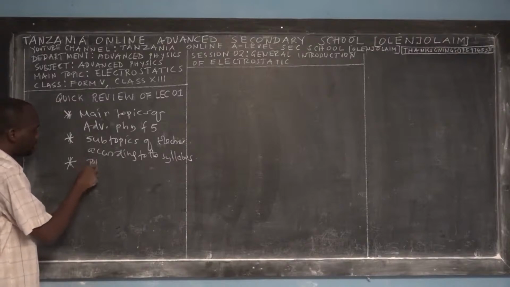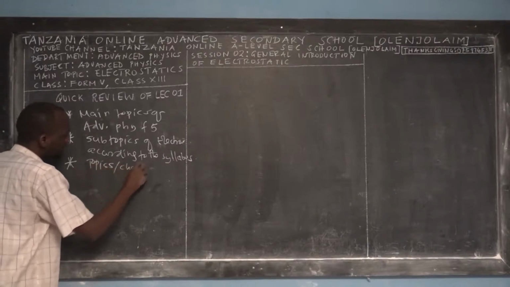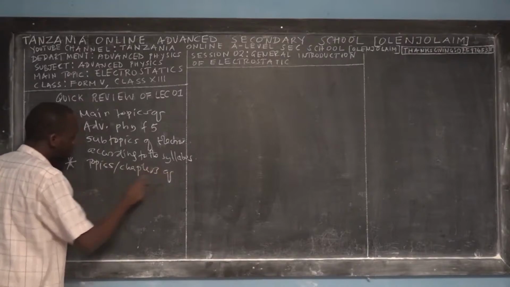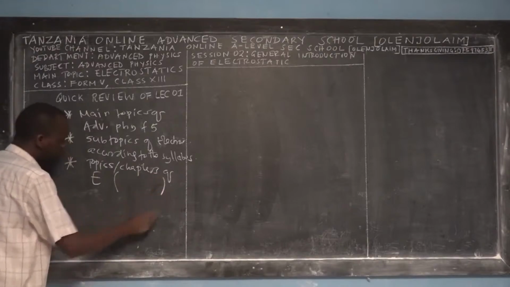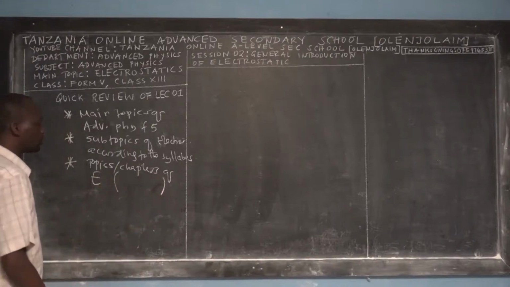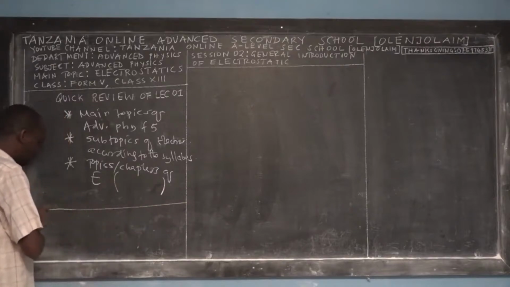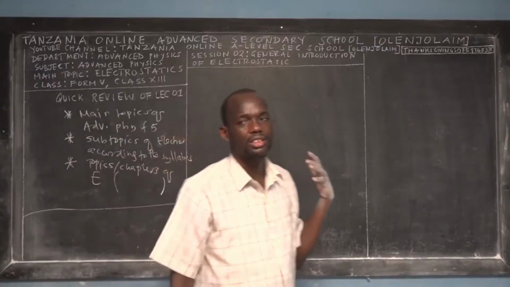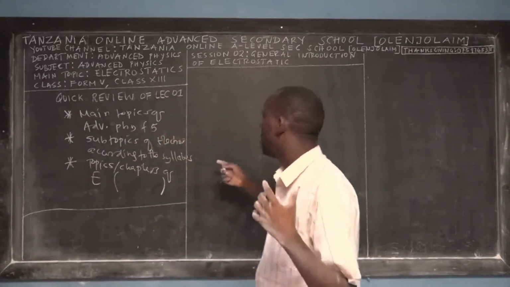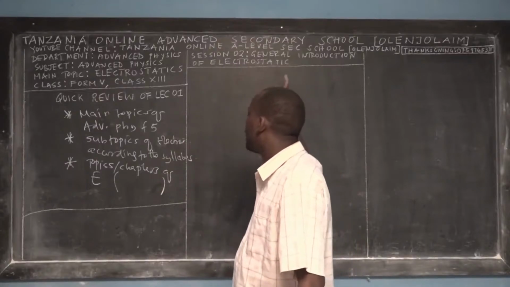Also, I mentioned the 5 topics or chapters of electrostatics, and you have to go through them. And then we ended there. We didn't even touch any phenomenon. So in case you need more details, lecture 01 is still on this YouTube channel.